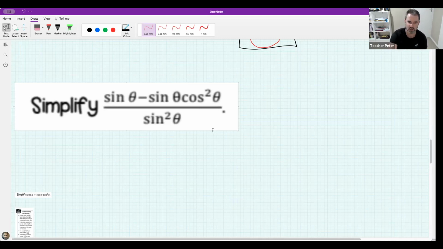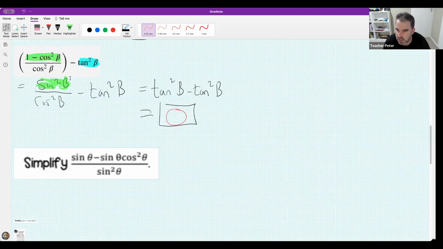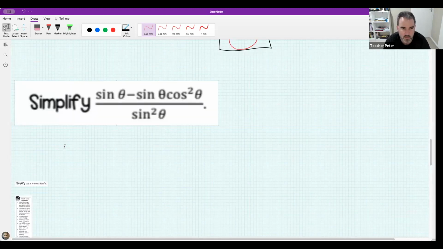Ooh, interesting. You could change the 1 to cos squared. You could also do that, yeah. So Rolani, there's actually a couple of ways you could have done this one above, but as long as you got the same answer, you would be fine. Okay, so we're all about in the range of 7, so that's fine.